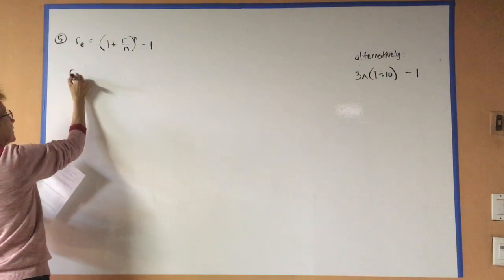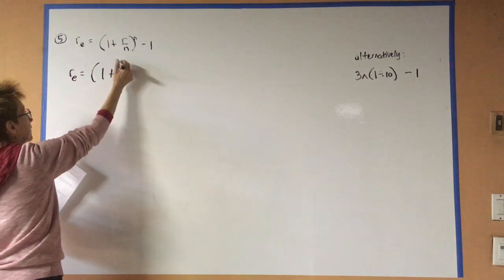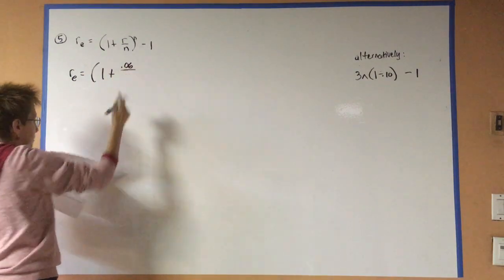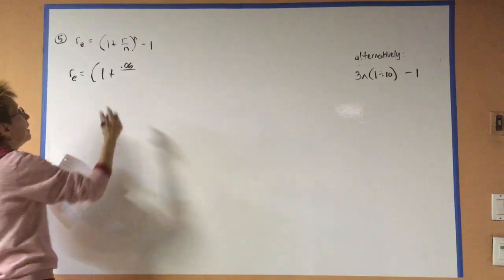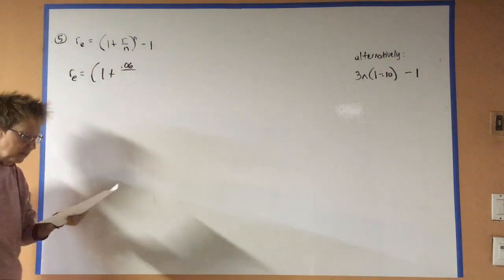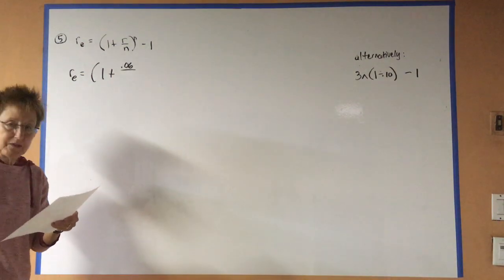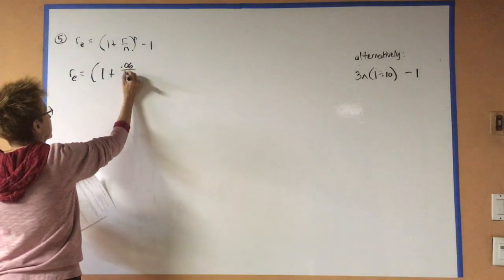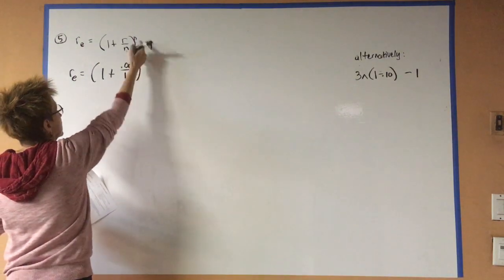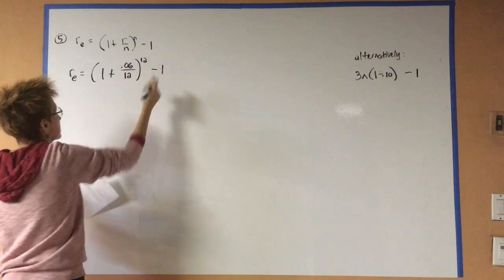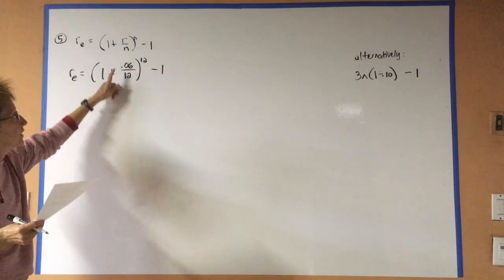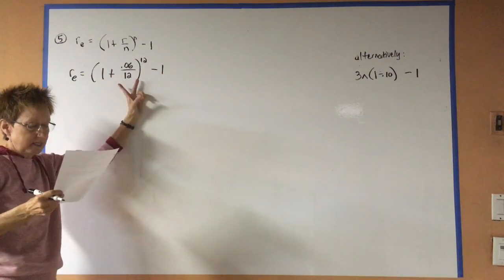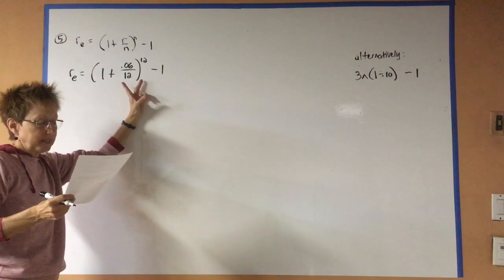So my effective rate of interest is going to be 1 plus R is 6%, so 0.06, compounded monthly. So monthly means how many times a year? 12. Compounded monthly, all to the power of N, and then minus 1. So the only things I need here are the interest rate and how many times a year it's being compounded.